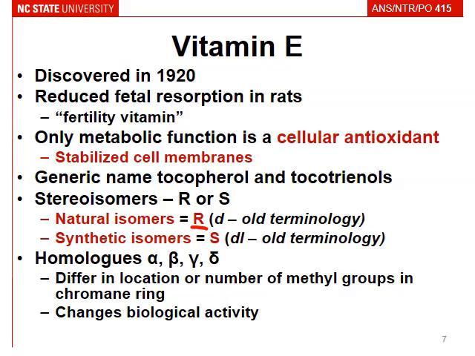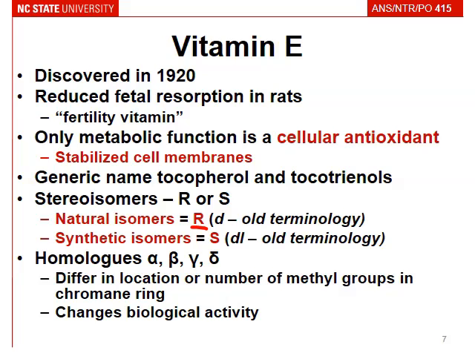And then we also can synthesize vitamin E, so our synthetic isomers are referred to as S. The old terminology is DL. So you don't have to know that for the exam, but this is just if you happen to be reading any papers related to vitamin E, if you come across D or DL, this way you know if it's natural or synthetic. In addition to the stereoisomers, we have various homologs.